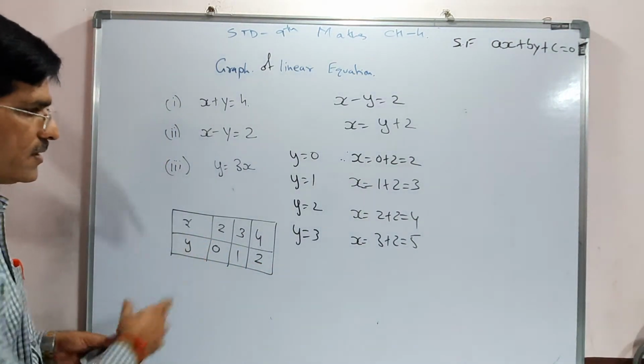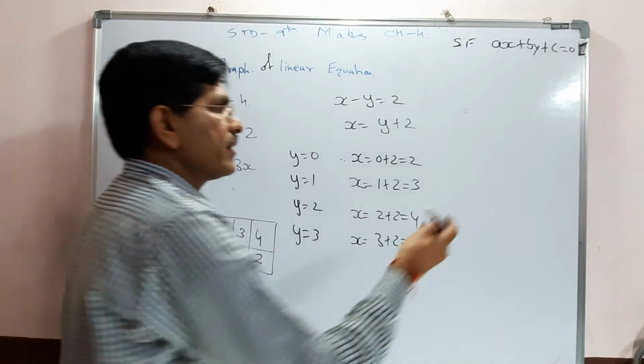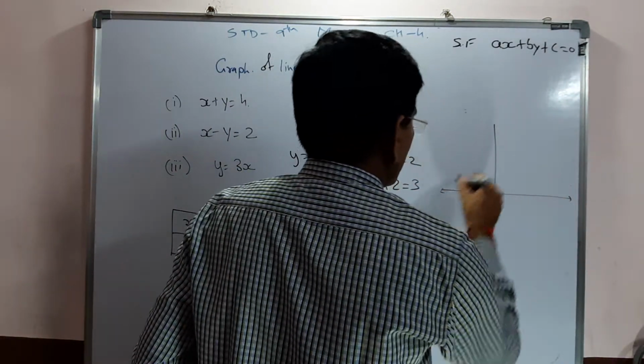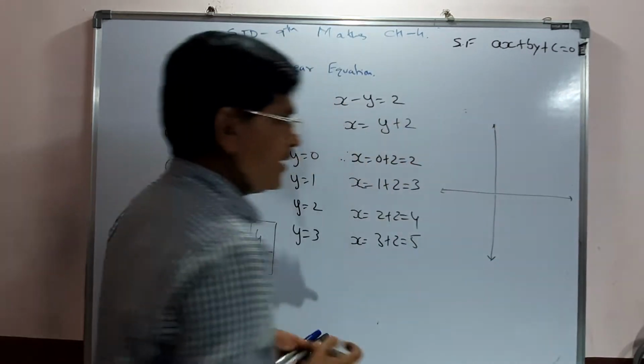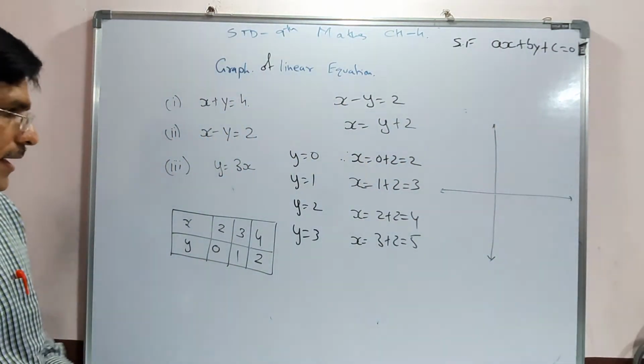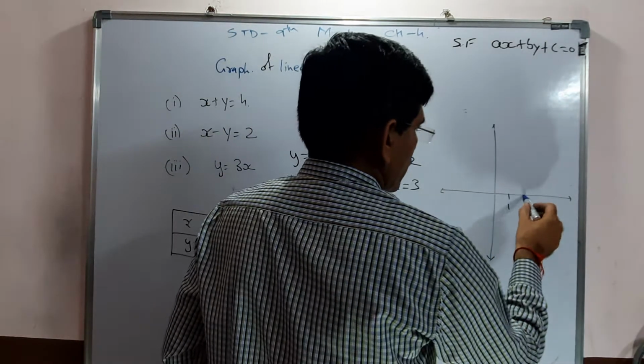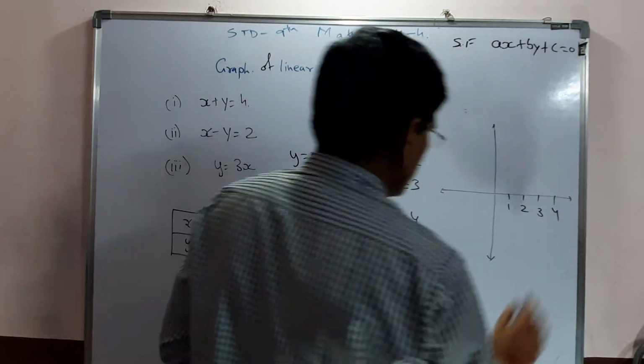So when we draw this type of graph, it will always intersect both axes. Always remember, it will intersect both axes. Now 2, 3 and 4. So we have to go through 1, 2, 3 and 4.